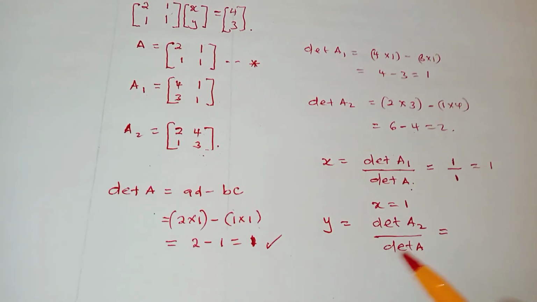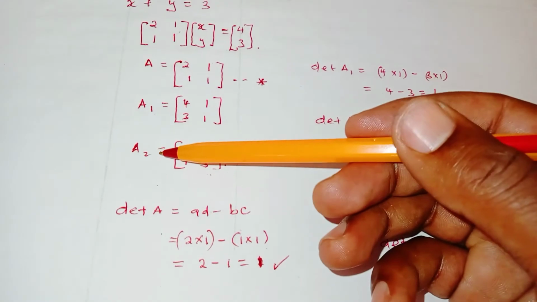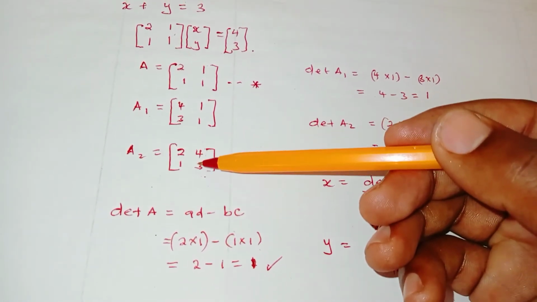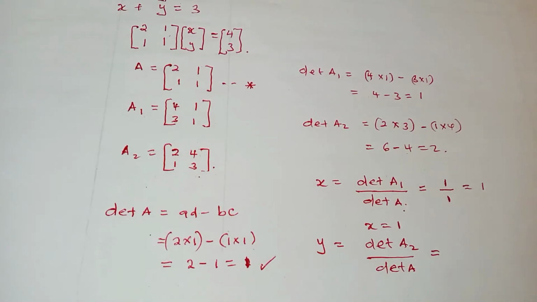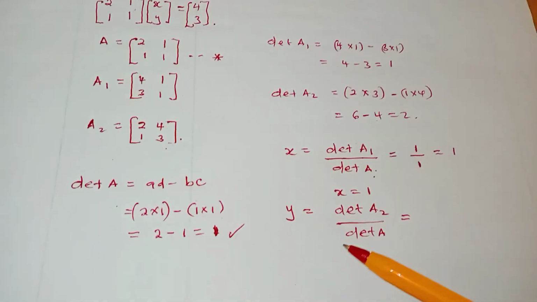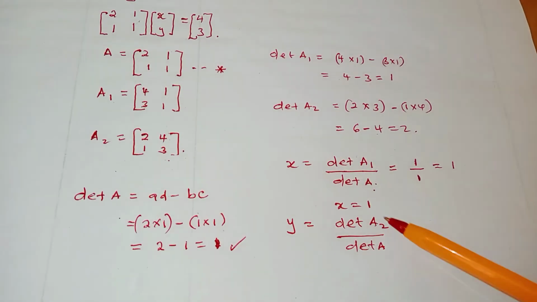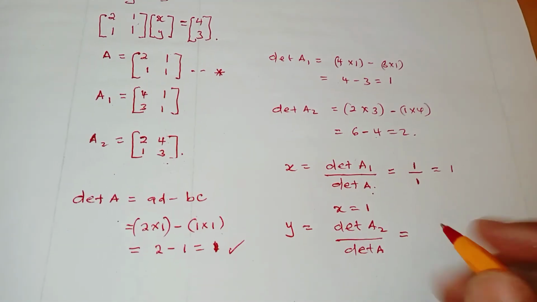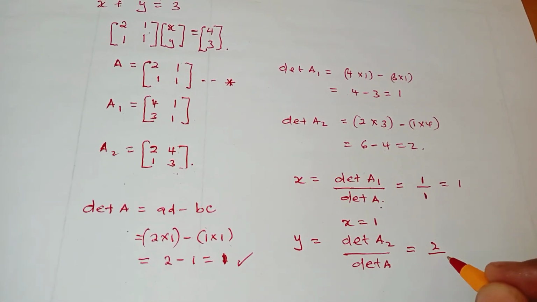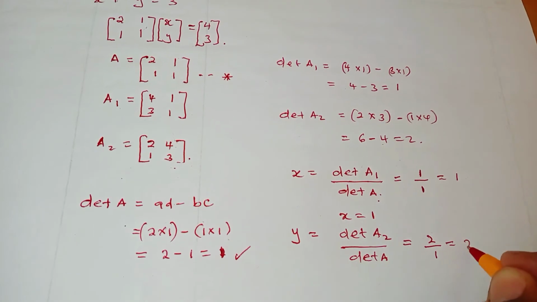Again, in the matrix A sub 2, in the place where we are supposed to write the y values, we replace with 4, 3. So this gives me 2 over 1, which is 2.